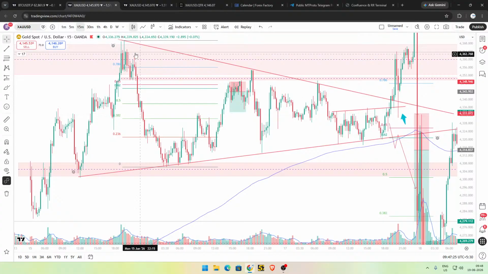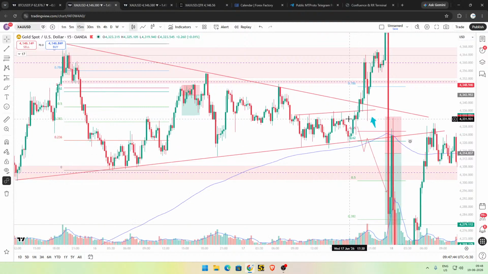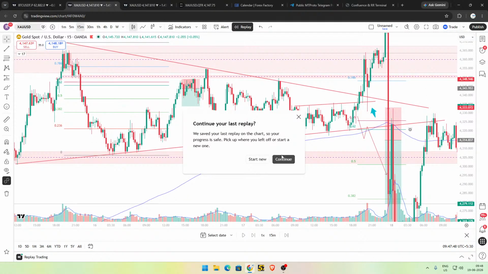See, it gave a break. There is a huge number of sellers. Means if it would have failed, then a huge number of buyers would have been trapped and a sell-off would come. But what protected the buyers is this 200 moving average. Because see, after this breakout, okay, let's replay this one.